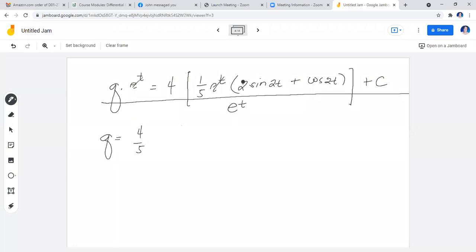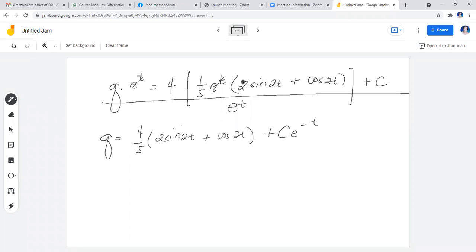And we have the multiplier. In the case of 4/5, we have the multiplier 2 sine 2t. In here, we have plus cosine 2t. And since we are dividing by this one here, this one will have c e raised to negative t.